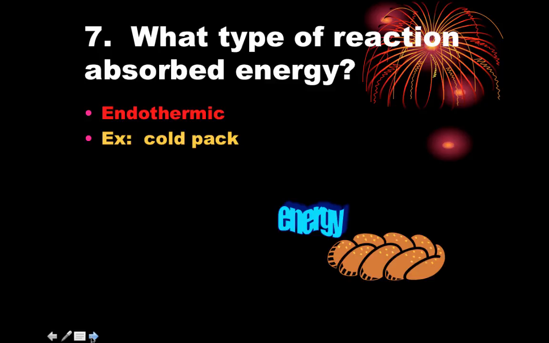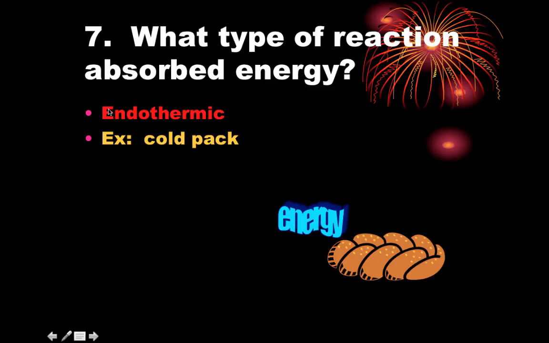So we have a name for this. When the reaction absorbs energy, we call that endothermic, because the root word here is thermic or thermal, which means heat, and endo means to go into. So the heat is going into the substance.